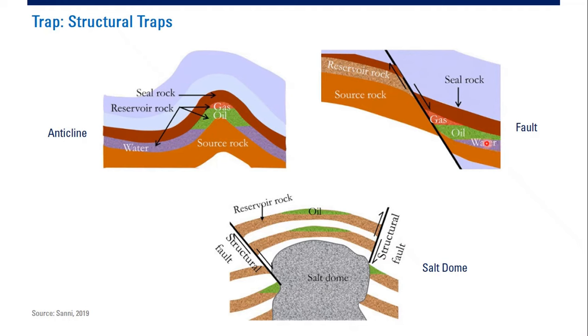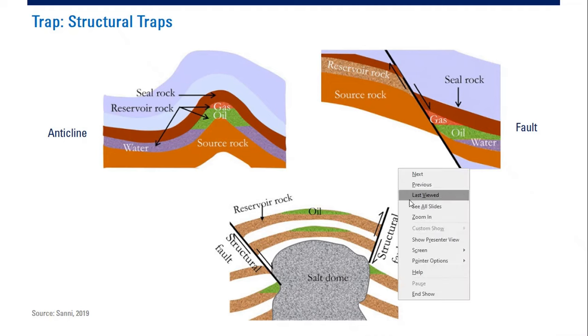And also we have salt dome. Somehow there is a salt dome. This is salt, and then oil will be pushed and accumulated there. These are the mechanisms that will trap the oil and gas.